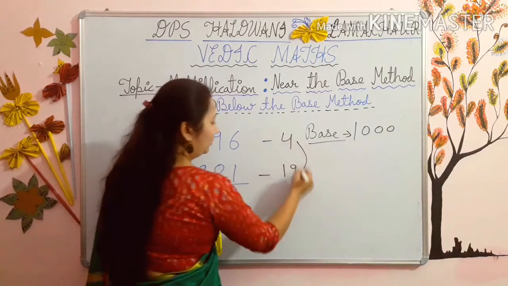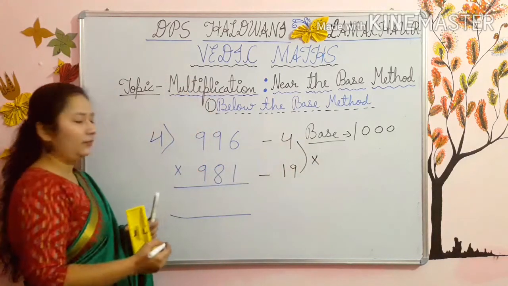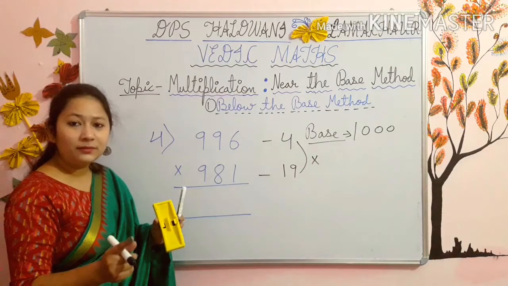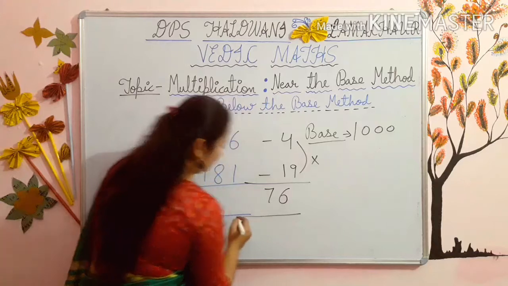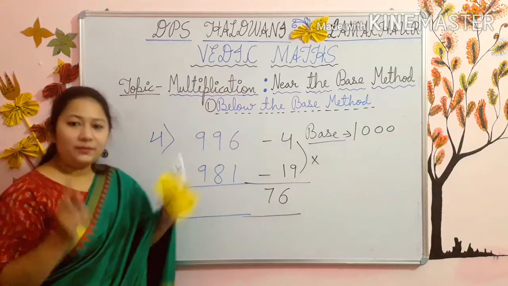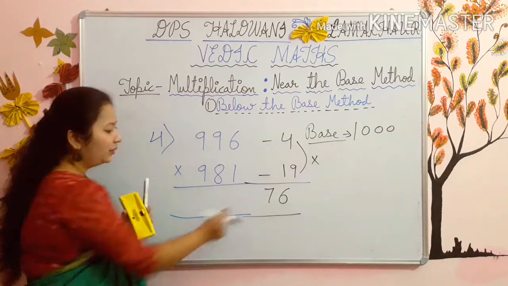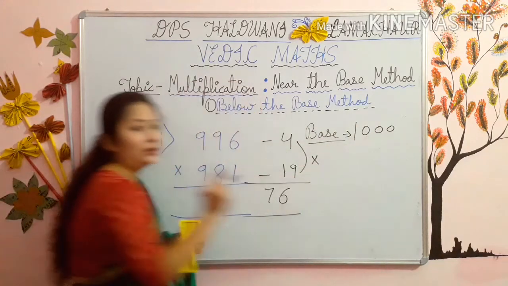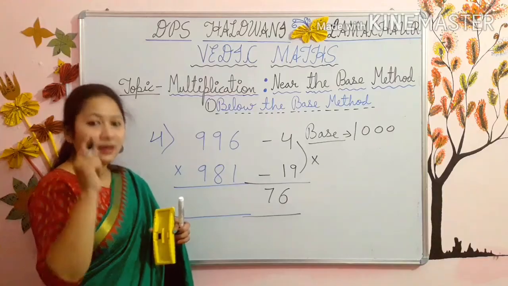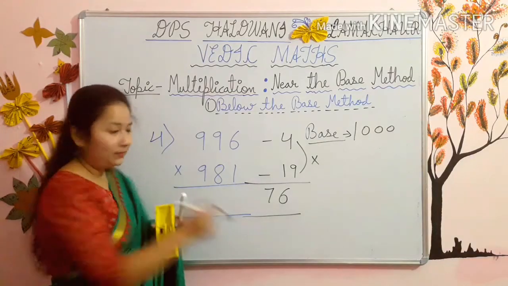Now multiply these both. 19 fours are 76. Now you can see in the previous question also I told you, 2 digits, 3 zeros. The number of digits and the number of zeros should be the same.